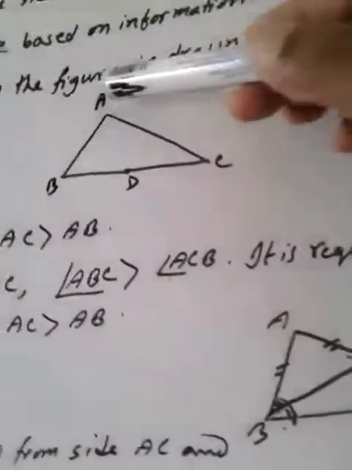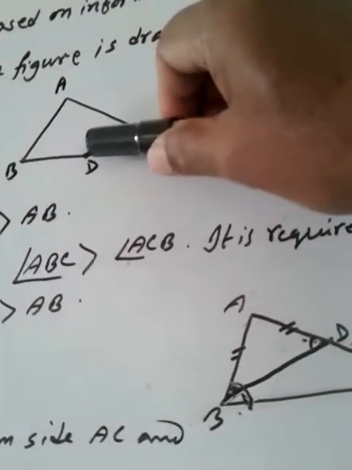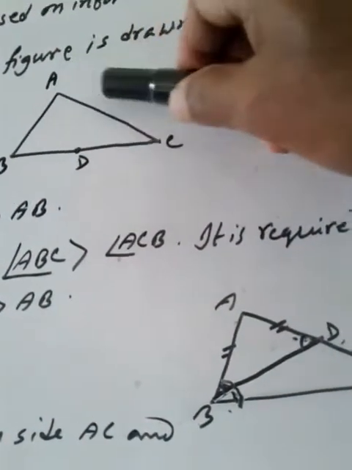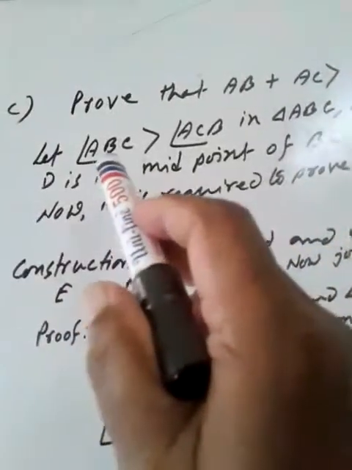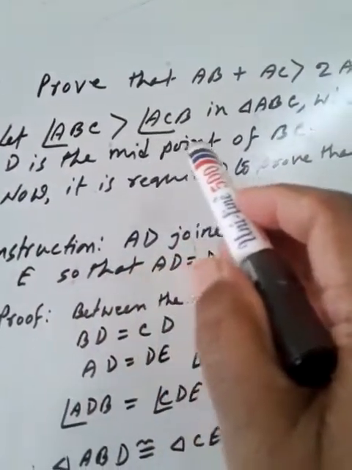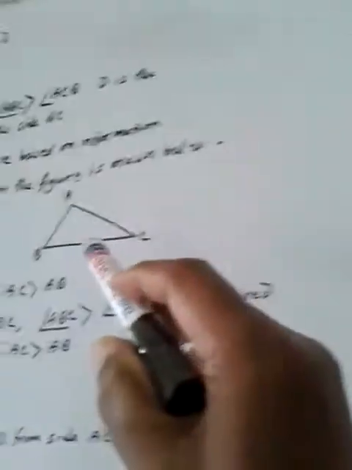See here, AB plus AC. We have to prove that if we join AD, AB plus AC is greater than twice AD. Let angle ABC be greater than angle ACB in triangle ABC, like this triangle.